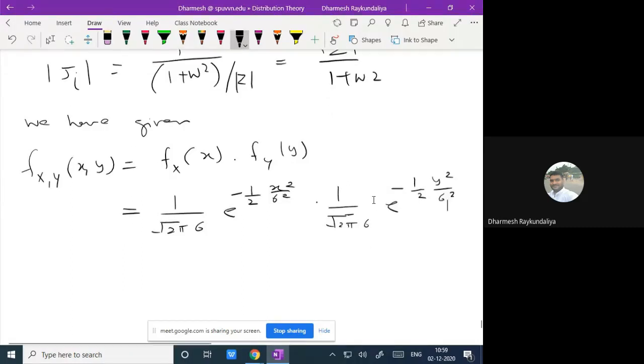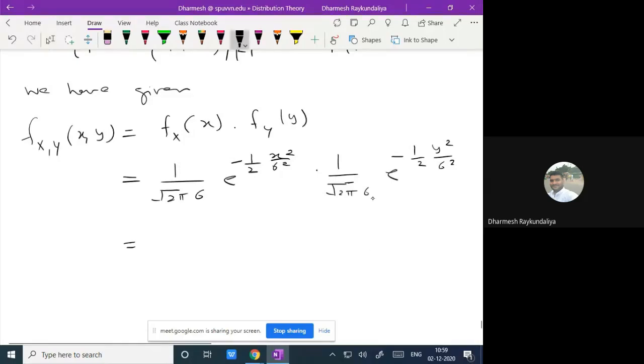So we can write it as 1 upon 2 pi sigma square e raised to minus half, common, x square plus y square upon sigma square.